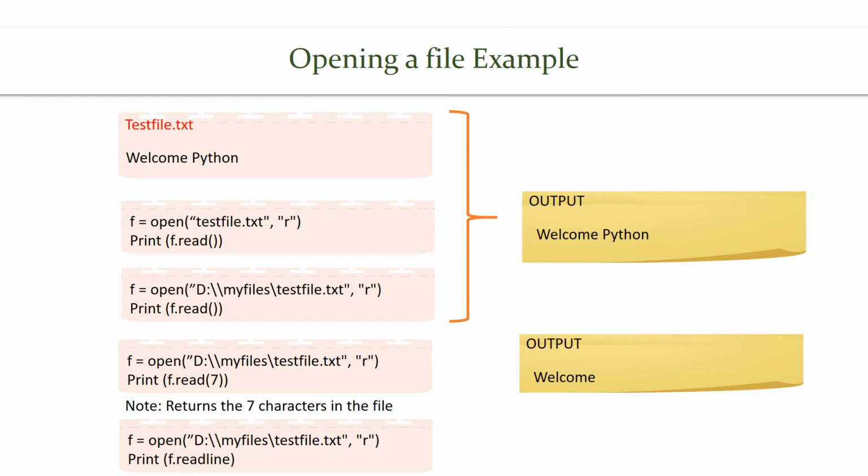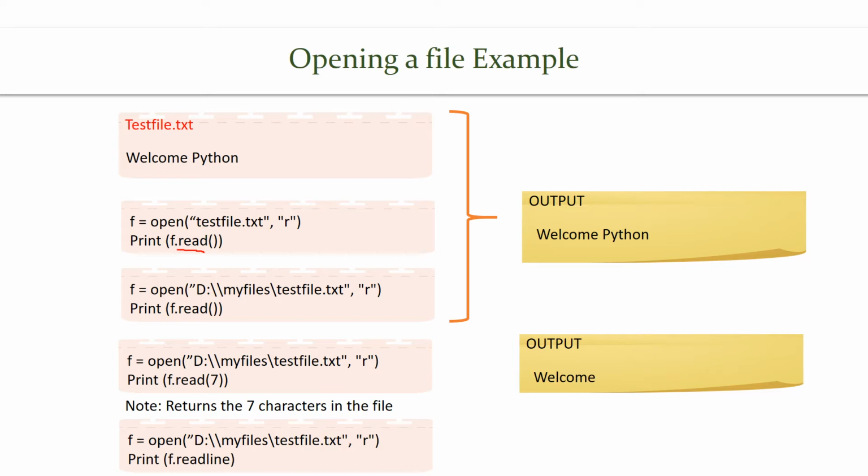This is an example for opening a file. I have a text file, textfile.txt, which contains the content "welcome Python". Here I am going to open the file. f is equal to open of textfile.txt comma r, I have mentioned here it is in reading mode, and f dot read is the method. It is going to read the file and print whatever the file contains, which is "welcome Python".